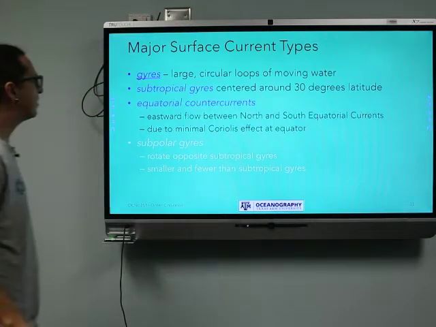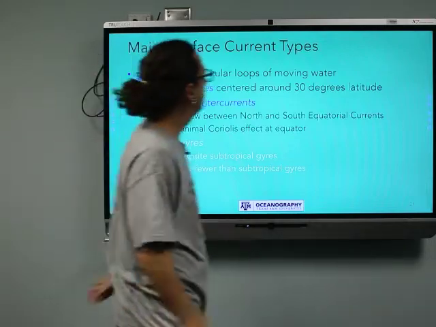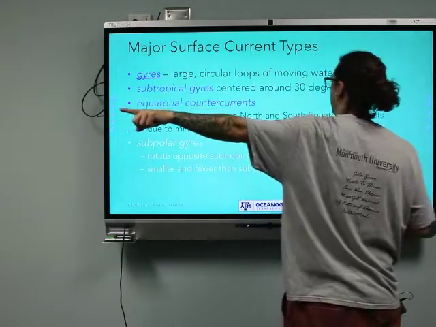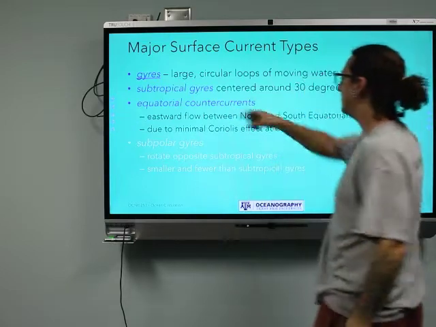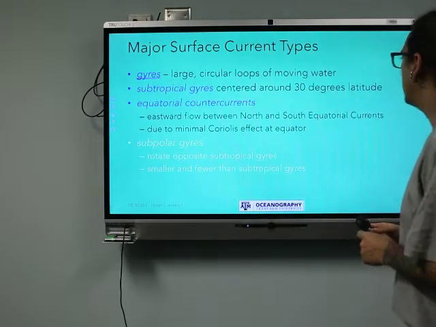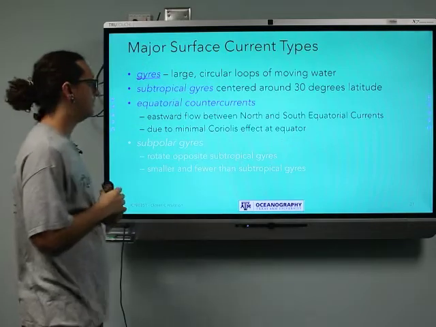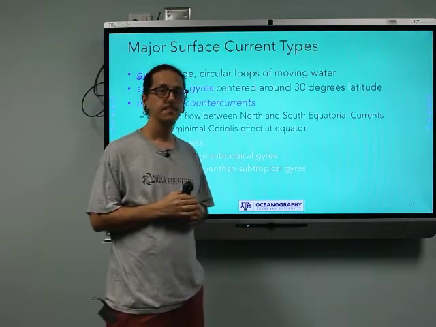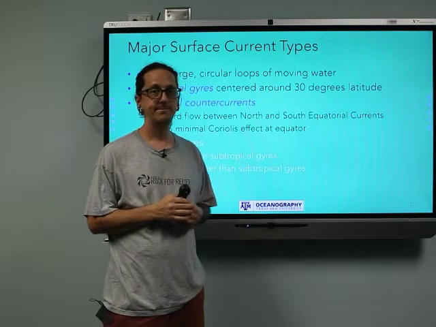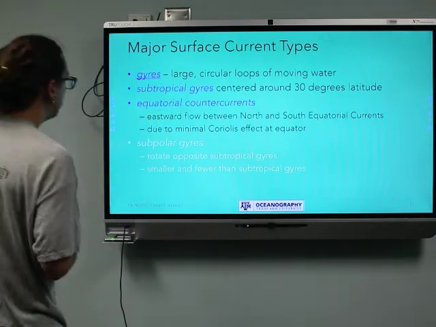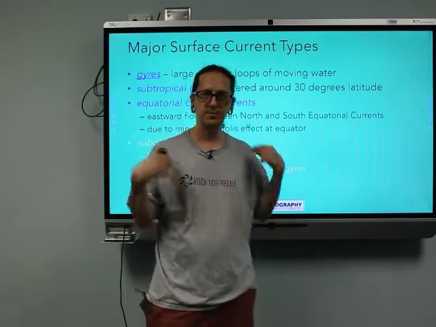The equatorial countercurrents: this is eastward flow, eastward being that way if north is that way. Eastward flow between the north and south equatorial currents. And this is because there is no Coriolis at the equator. You remember this from chapter 6.